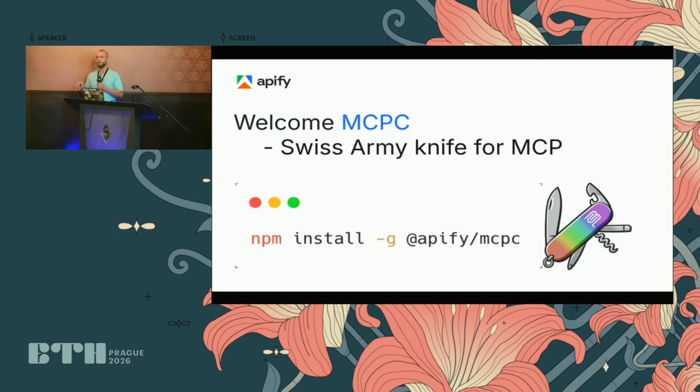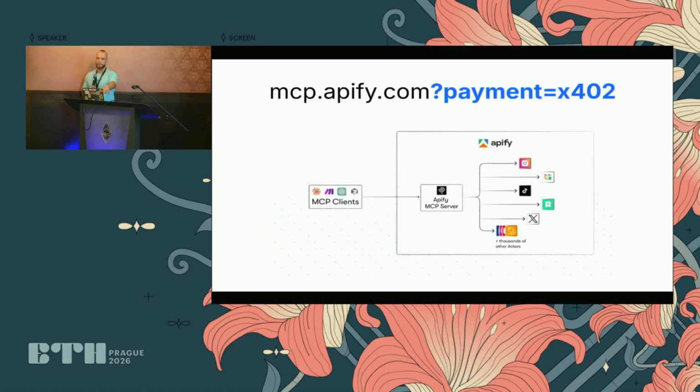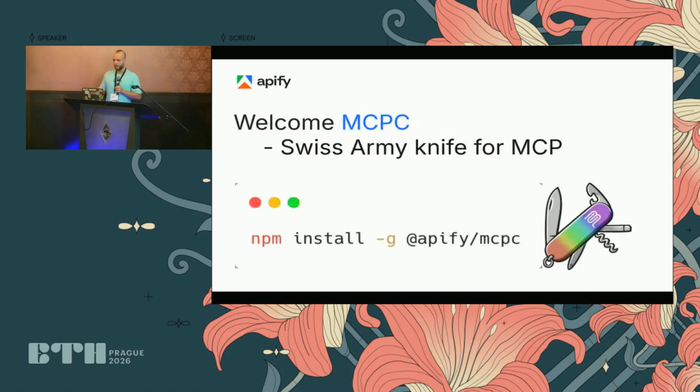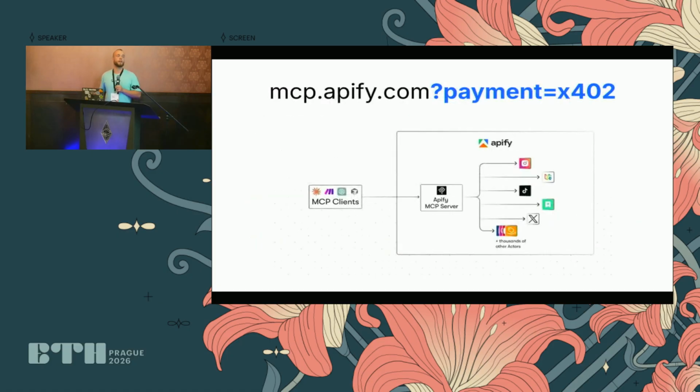So essentially if you have any coding agent like Cloud Code, Open Code, Pi, I don't know what else you use nowadays, you just tell your agent, hey, install this and use it and connect to the MCP server in x402 mode. So you just give it the URL like mcp.apify.com?payments=x402 that signals the payment mode. And it will handle everything with the client.